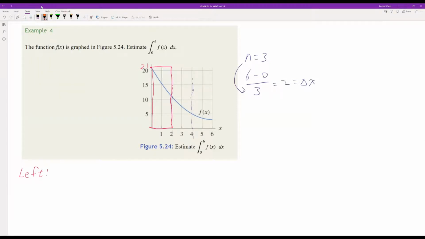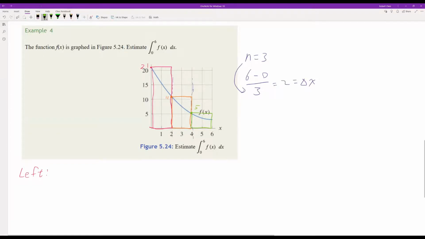For the left-hand sum, we pick 2, which is right here, and then make a rectangle like this. The y value here is 11. For the last one, we pick 4, which is right here. That's our third rectangle, and I think this is exactly 5.